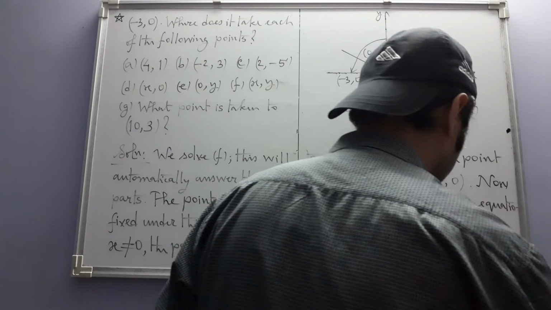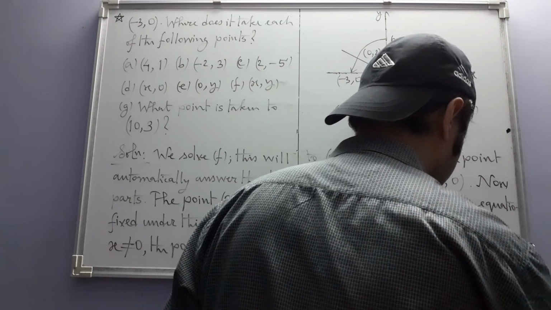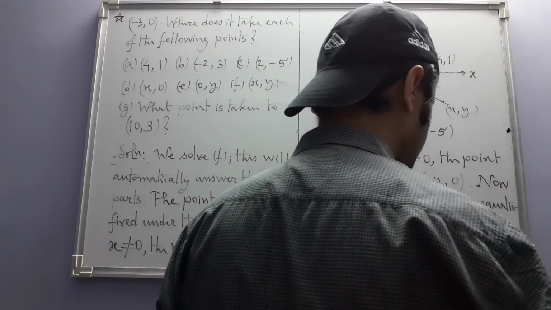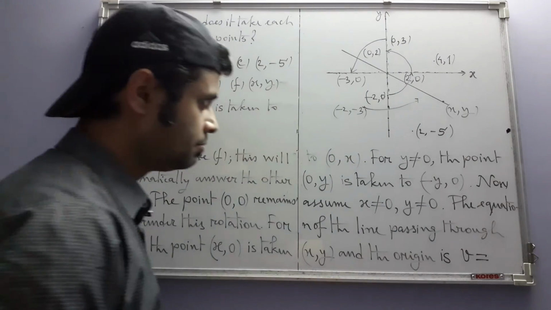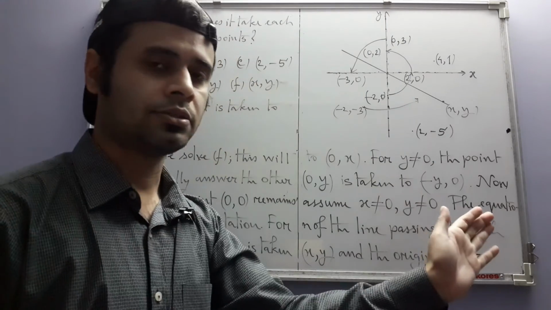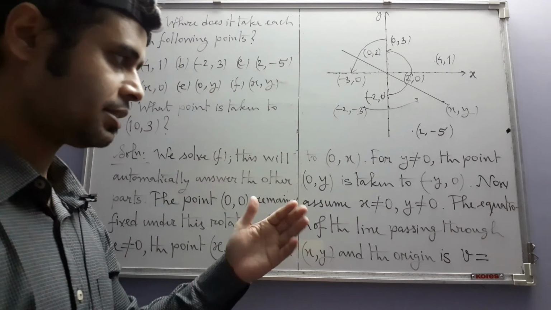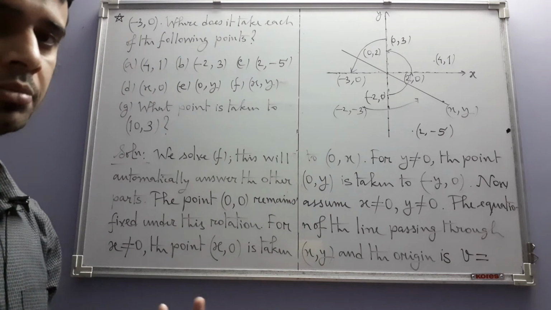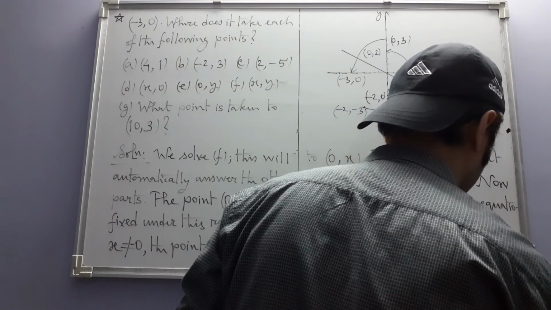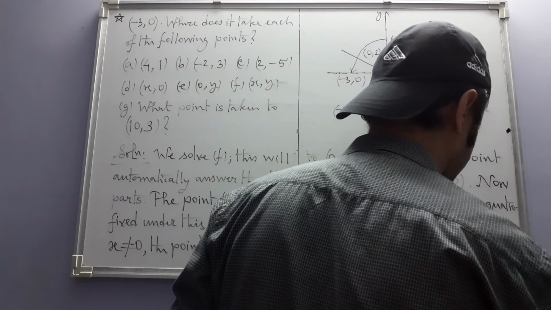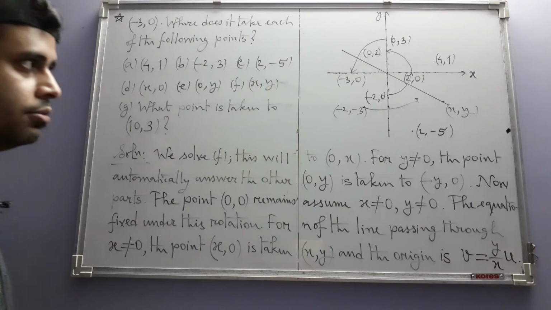So let us denote the y variable by v and the x variable by u, say. Then since this line is passing through the origin, it has the form y equal to mx, where m is the slope. The slope of this line is y divided by x, so the line is v equal to y divided by x times u.